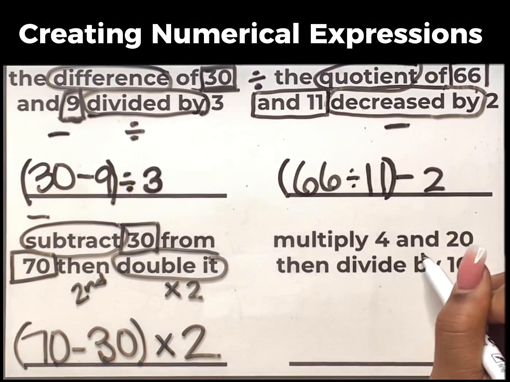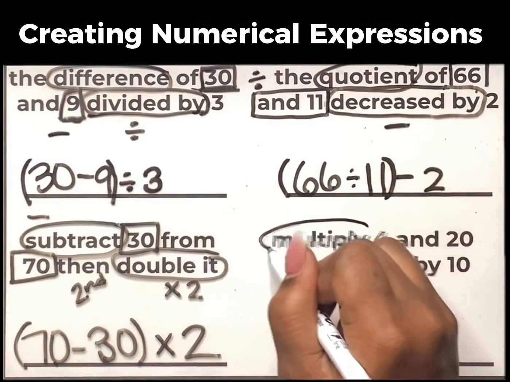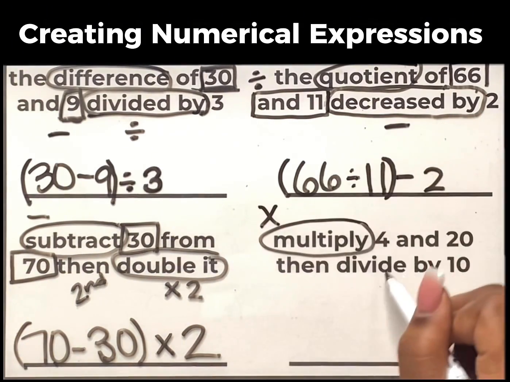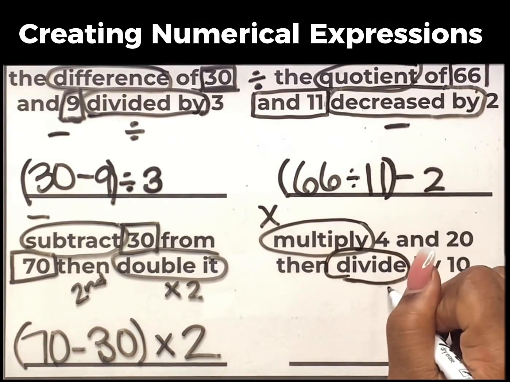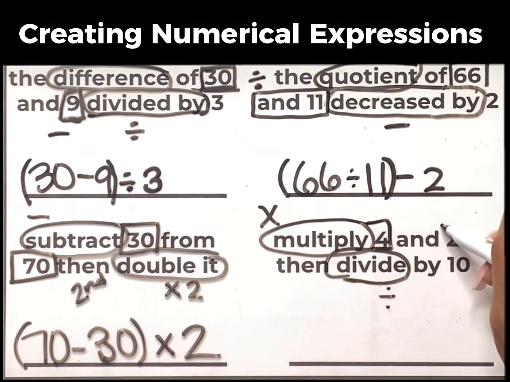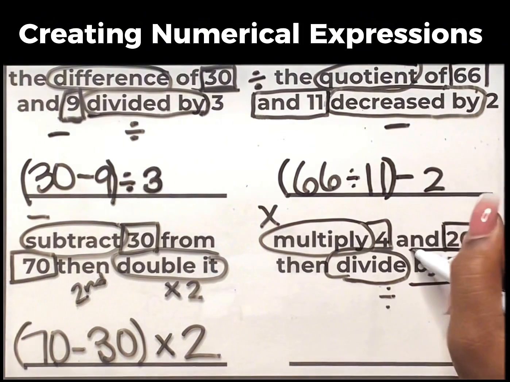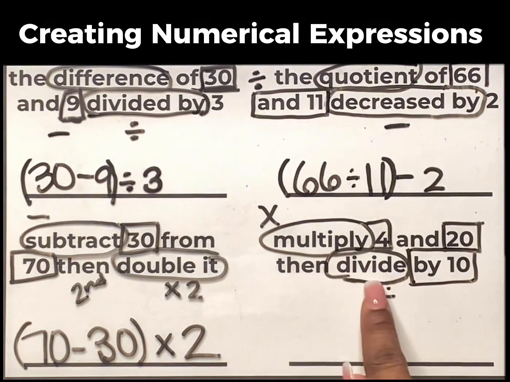Multiply 4 and 20, then divide by 10. Circle keywords, telling you your operation. We got multiply, and we have divide. Okay, we're going to read it again and look for our numbers. Multiply 4 and 20, then divide by 10.